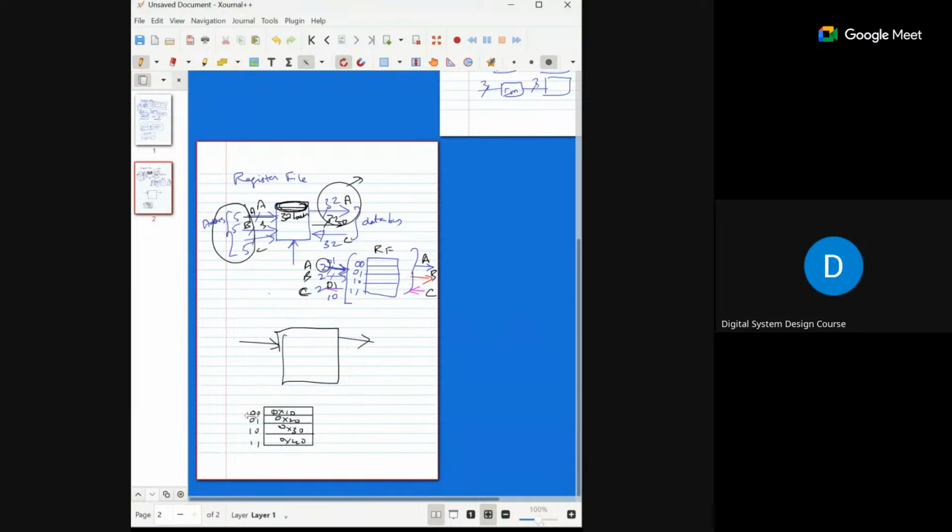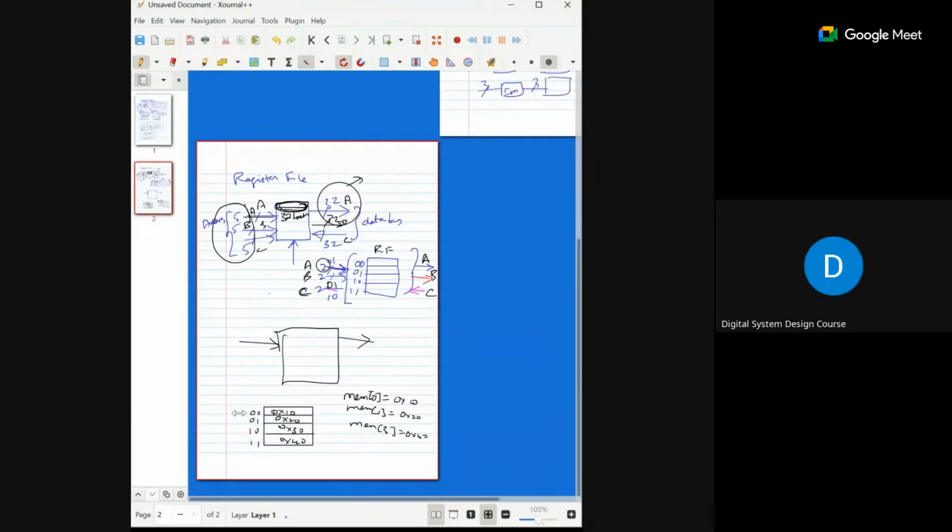At the address 00, that is at mem of 0, I have 0x10. At mem of 1, I have 0x20. Similarly, at mem of 3, I have 0x40. Now, is it okay? Yes.